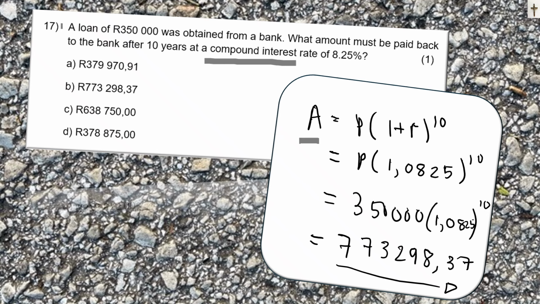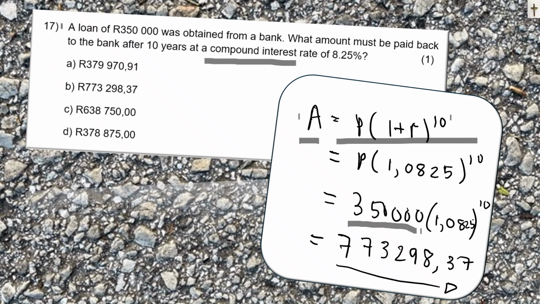Calculate the future value when 350,000 is invested at 8.25% for 10 years. So there's the formula. A is equal to, and this is compound interest, P, 1 plus R, to the power of the time period, 10 years. So the number is 10.